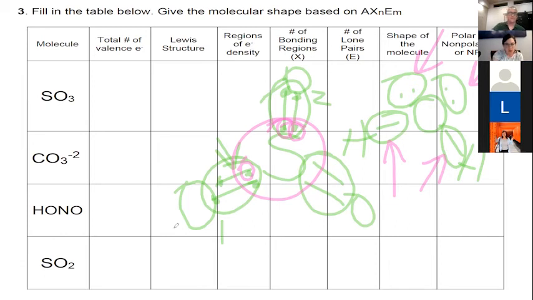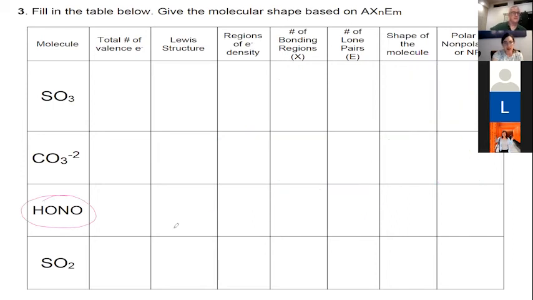Yeah, no problem. All right, let's do this one. We had some fun with that one. So that is just written in the order that it's written. So you just go HONO, and then connect them with a bond.